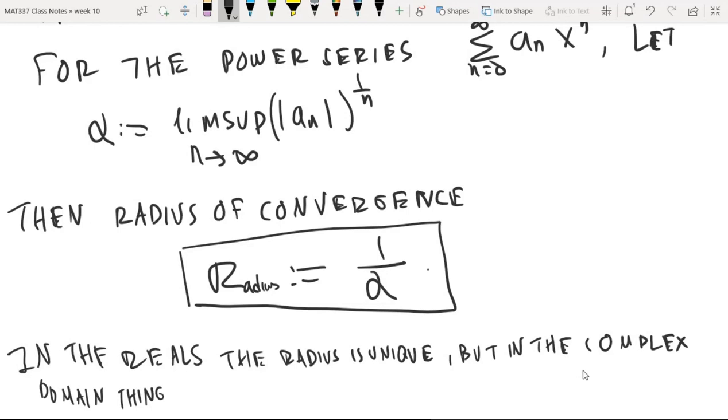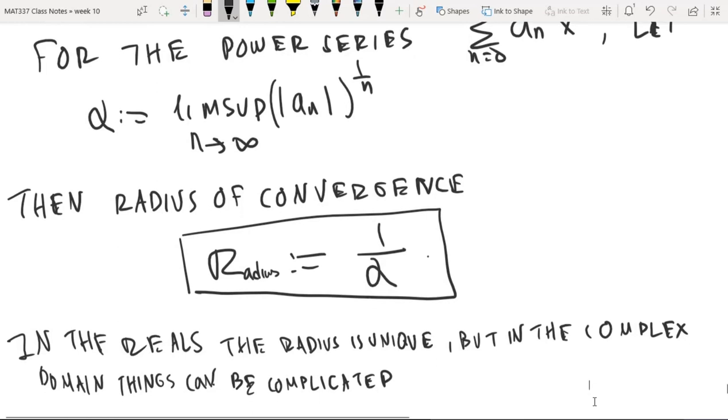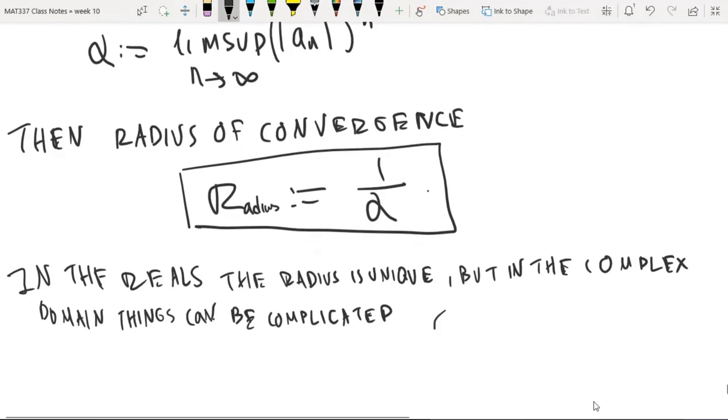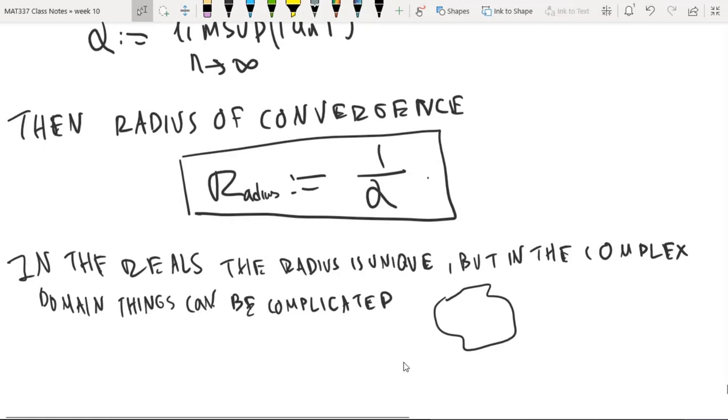It might not even be a disk. It might be some complicated domain, so there's not even a notion of radius. But if you have a concrete example, let me know and we can talk about it. It's very interesting.